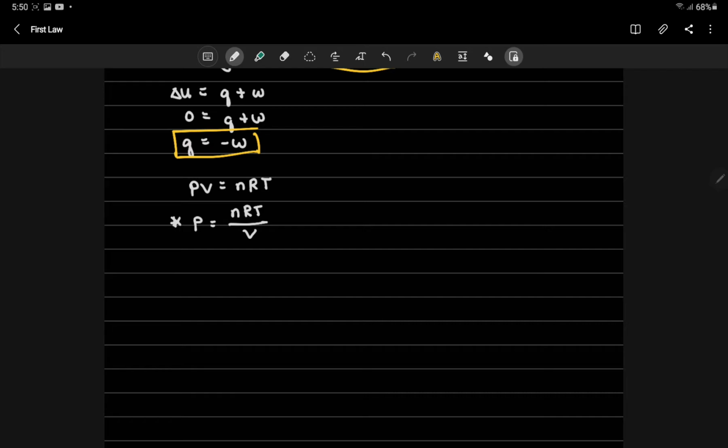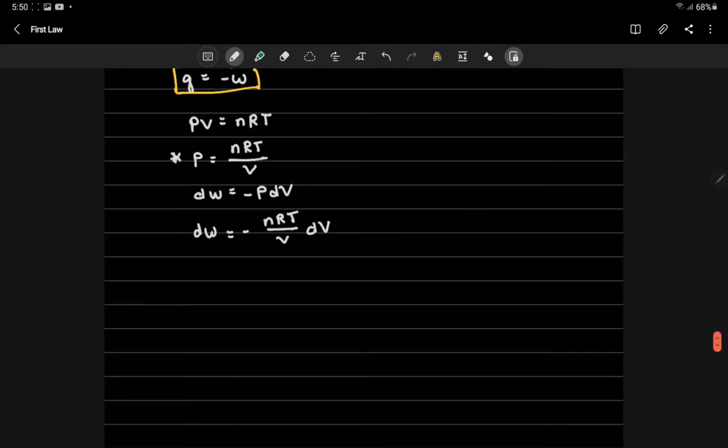for the expression of work. So if you remember, work, diba, is minus PdV for reversible processes. Okay? Or change in work is minus PdV. That's why work is the integral of minus PdV. But what is P? So nakita natin from the ideal gas equation that P is nRT over V. And then you have a dV here. So we can now integrate both sides of the equation.